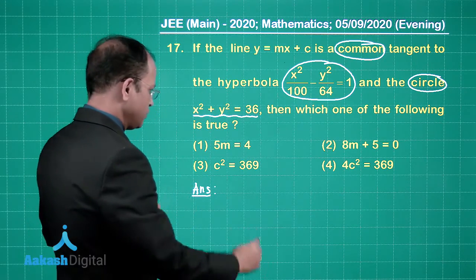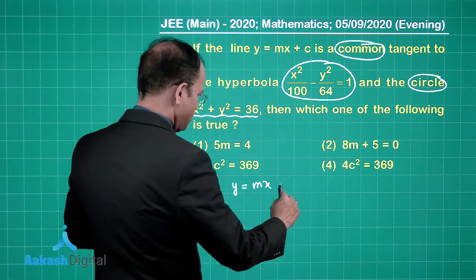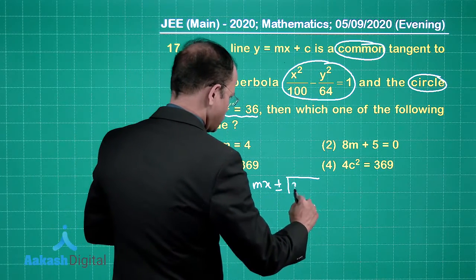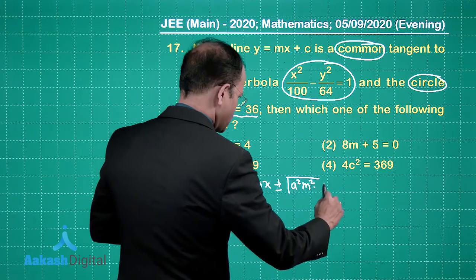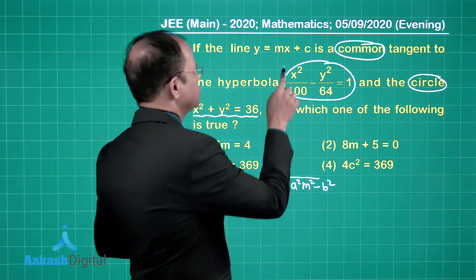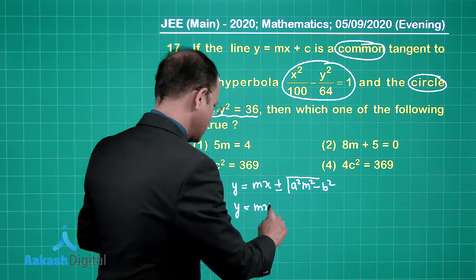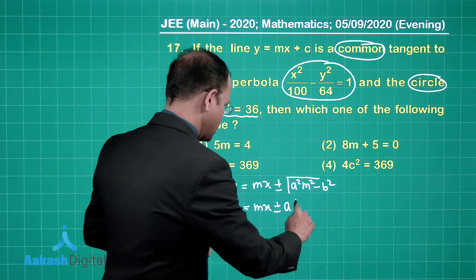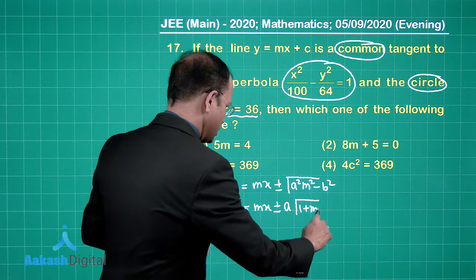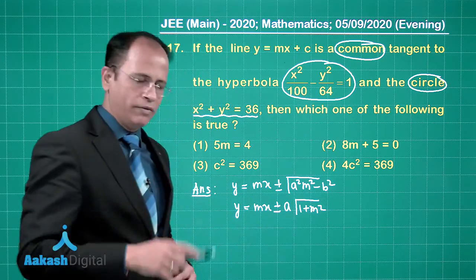So that means y is equal to mx plus minus under root of a square m square minus b square. This is our equation of the tangent to the hyperbola. Then we have y is equal to mx plus minus a under root of 1 plus m square. This is nothing but the equation of tangent to the circle in slope form.